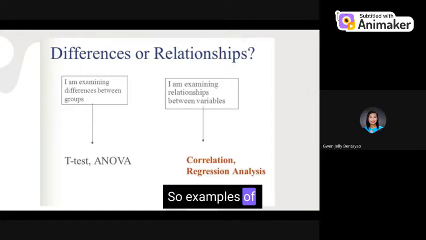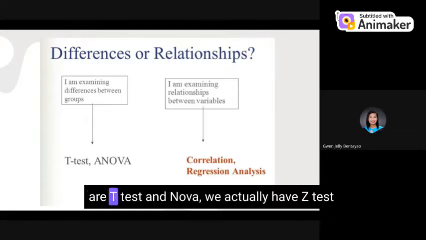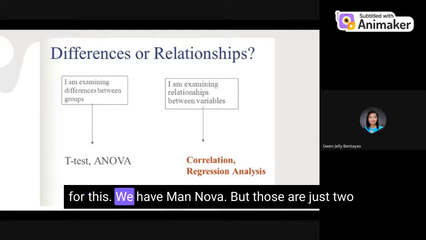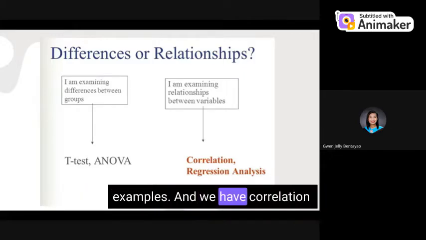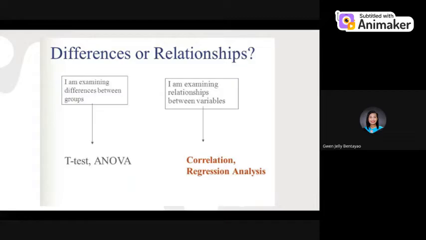Examples of test statistics that can be used for tests of difference are the t-test and ANOVA. We actually have the z-test for this, and we have MANOVA, but those are just examples. And we have correlation and regression analysis for tests of relationship.